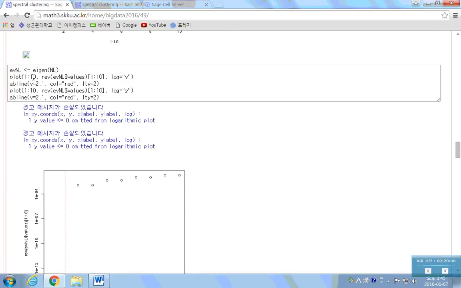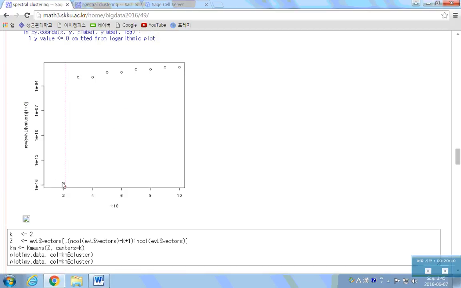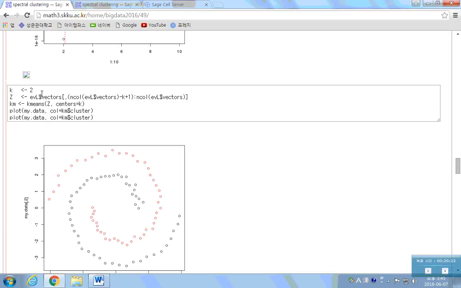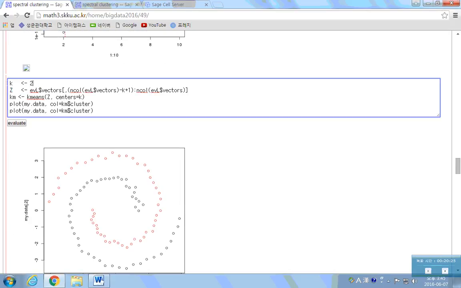And also for the normalized Laplacian eigenvalues, we plot the graph like this. Here also there is one near 0, and the others are very different from this one. So that's why we give k equal to 2. That's a way to decide k, how many clusters we have to make.